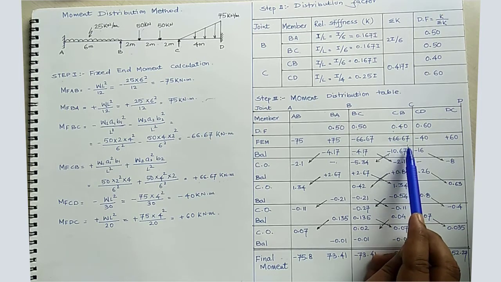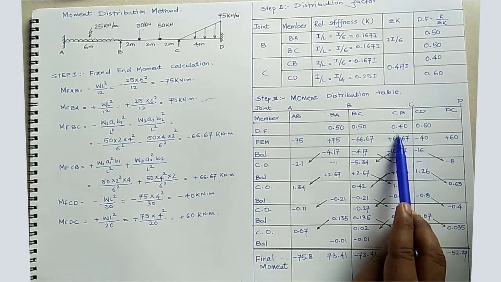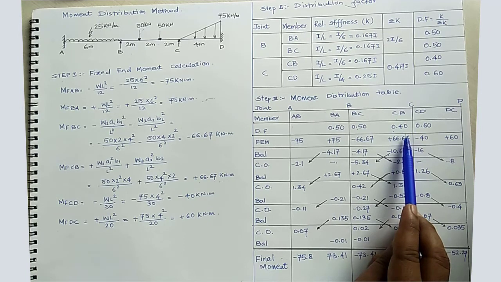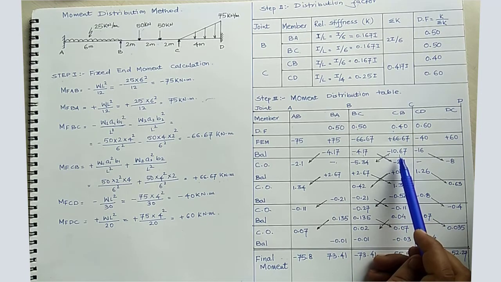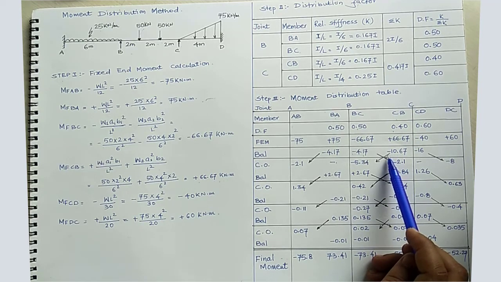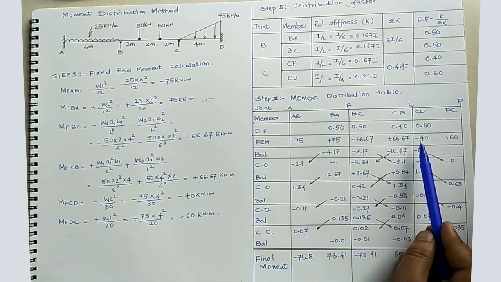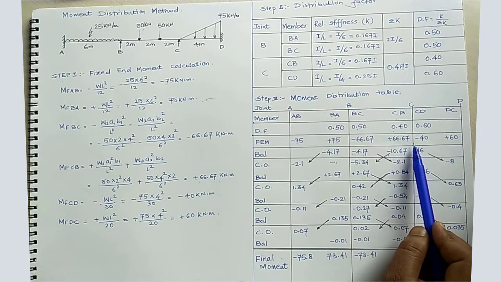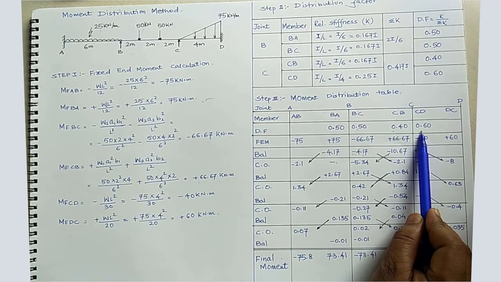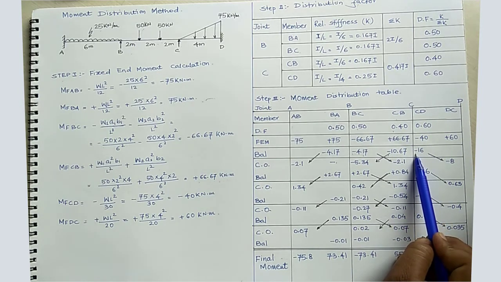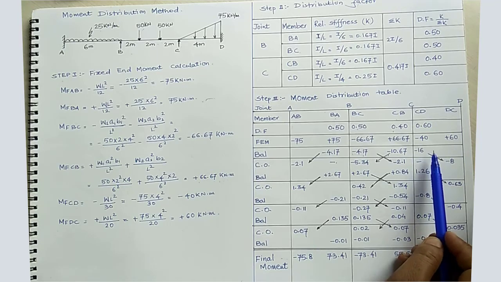So 66.67 minus 40 multiplied by 0.4, the value which we are getting is plus 10.67. So we write that value with the opposite sign, minus 10.67. And this unbalanced moment multiplied with the 0.6 distribution factor gives plus 16, and we write this with the minus sign, minus 16.